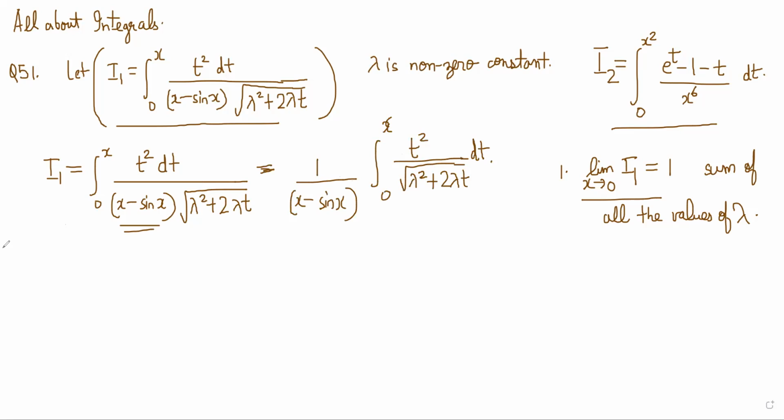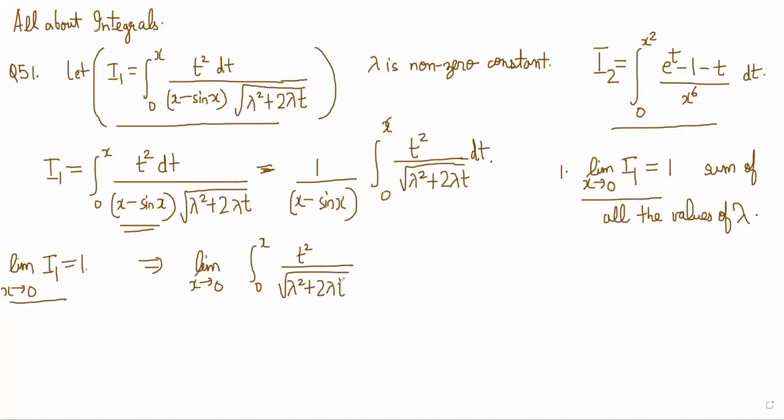Okay, now I have to take the limit of x tends to 0 of I1, and that is given to be equal to 1. Therefore, this is basically the limit of x tends to 0 of integral 0 to x t square by root over lambda square plus 2 lambda t, divided by x minus sine x.